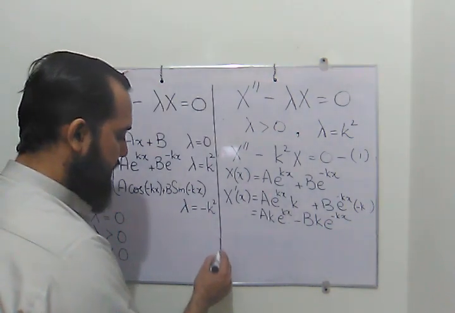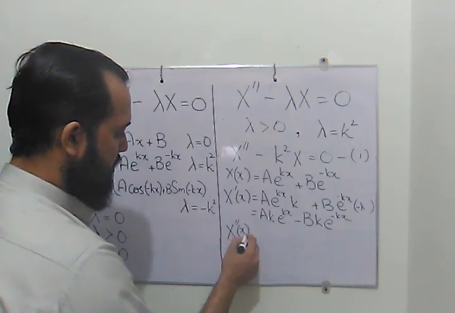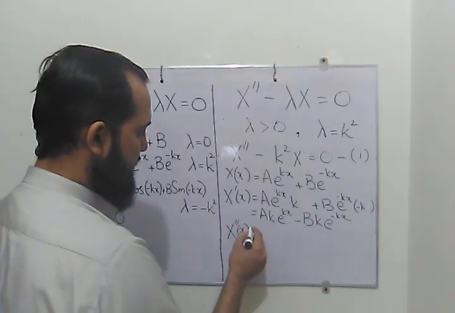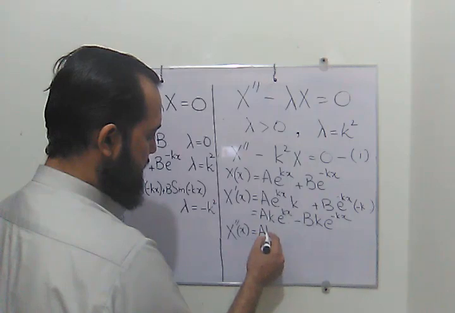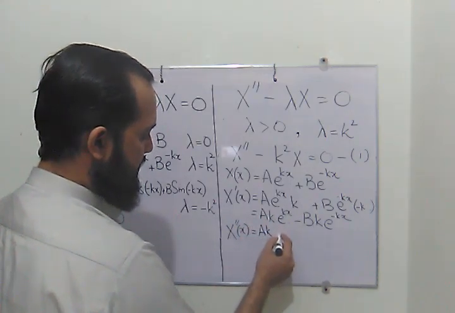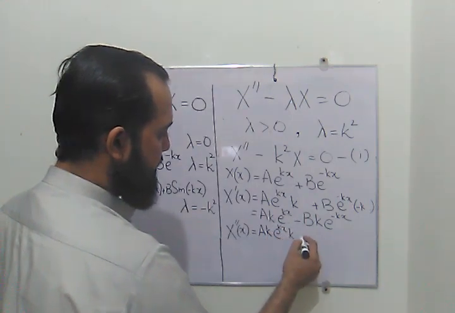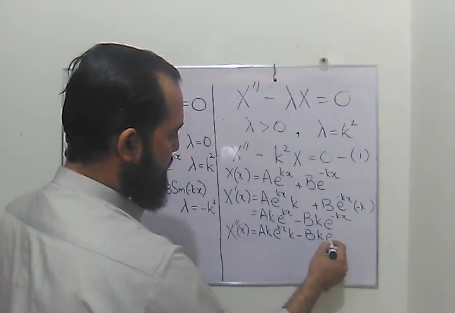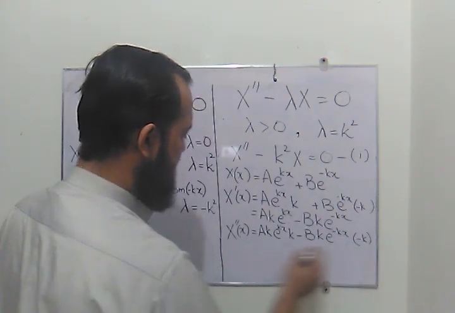Now we take the second derivative, or we differentiate again the above expression. We will get, because this is the constant, it will be taken outside of the derivative, and this becomes k times exponential kx, minus b k exponential minus kx, and again it will be minus k.